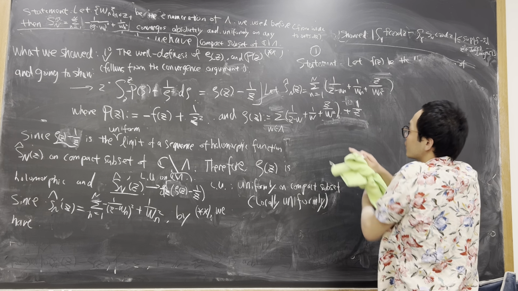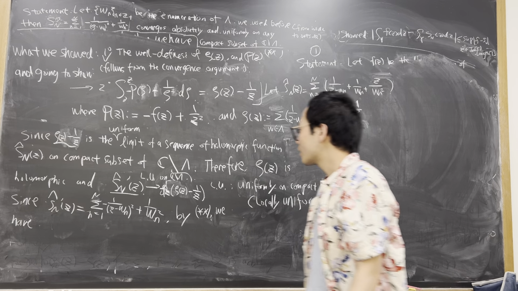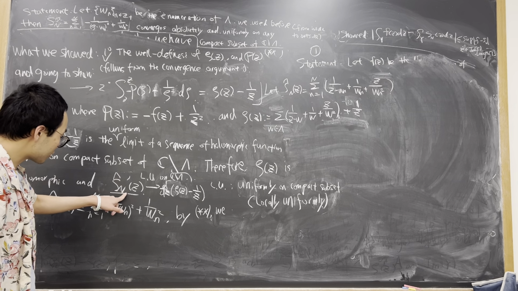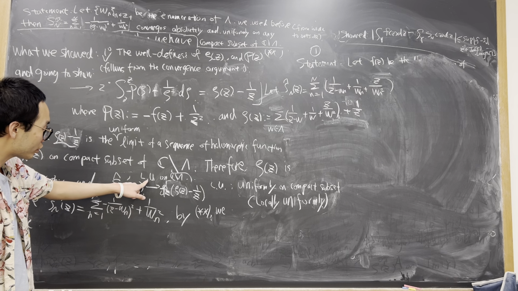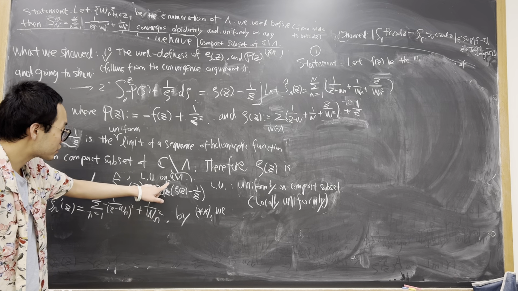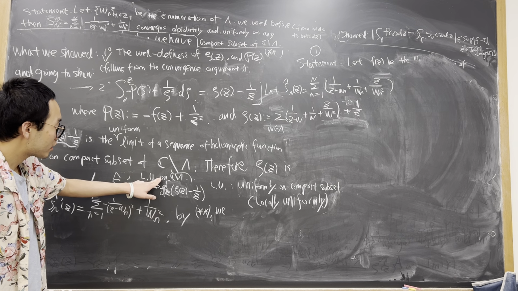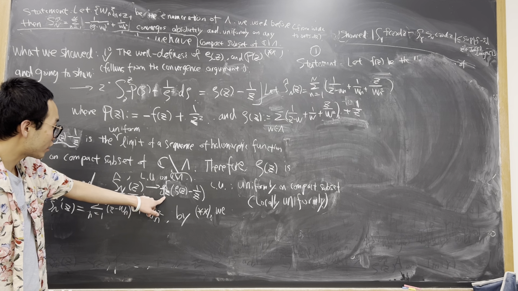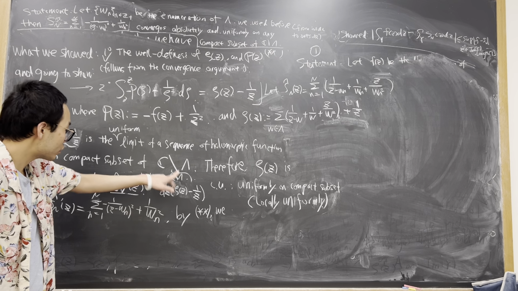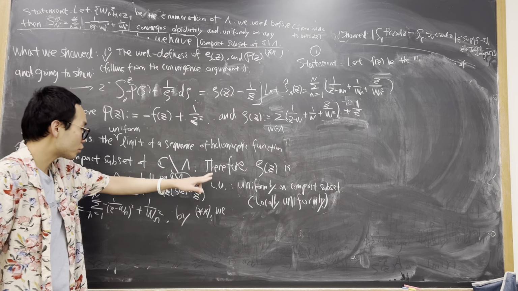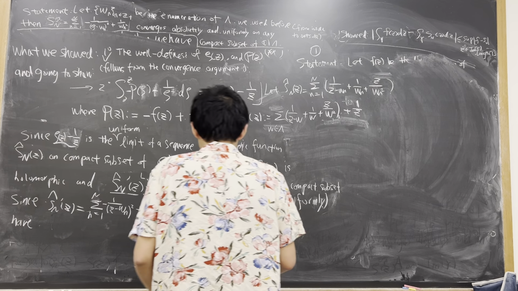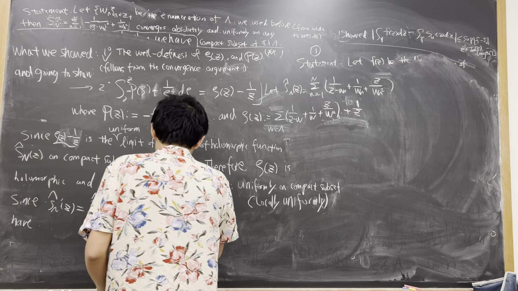So this S_n prime z converges locally uniformly on compact subsets of C minus wedge, and locally uniformly means uniformly on compact subsets.